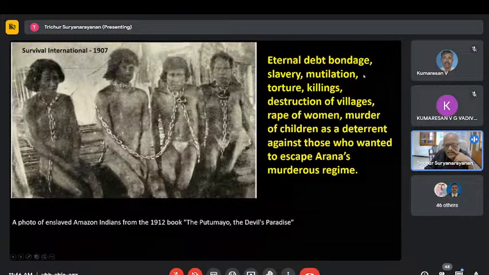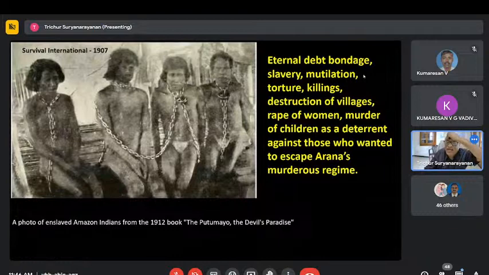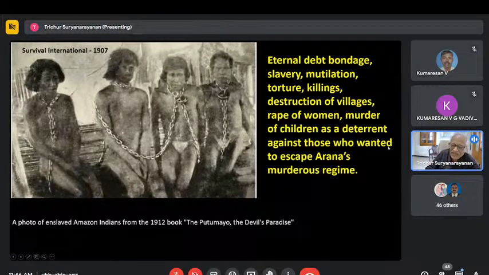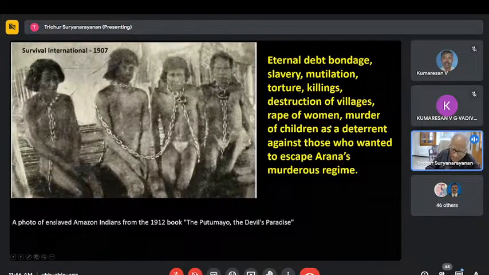Many people were mutilated. If they didn't get enough rubber, an ear would be cut off, then the nose, or many of them were killed, and many villages were destroyed. Many women were raped, murdered, and children too, as a deterrent against those who wanted to escape.